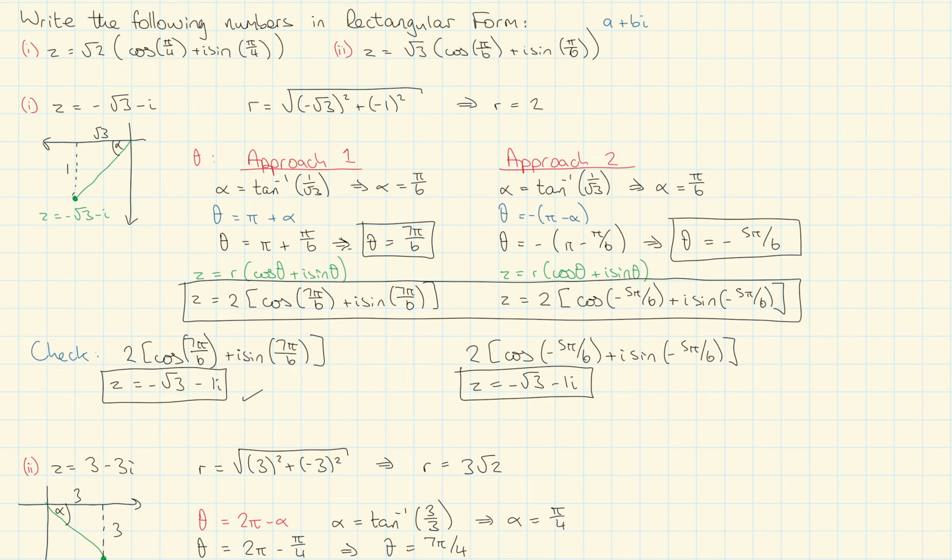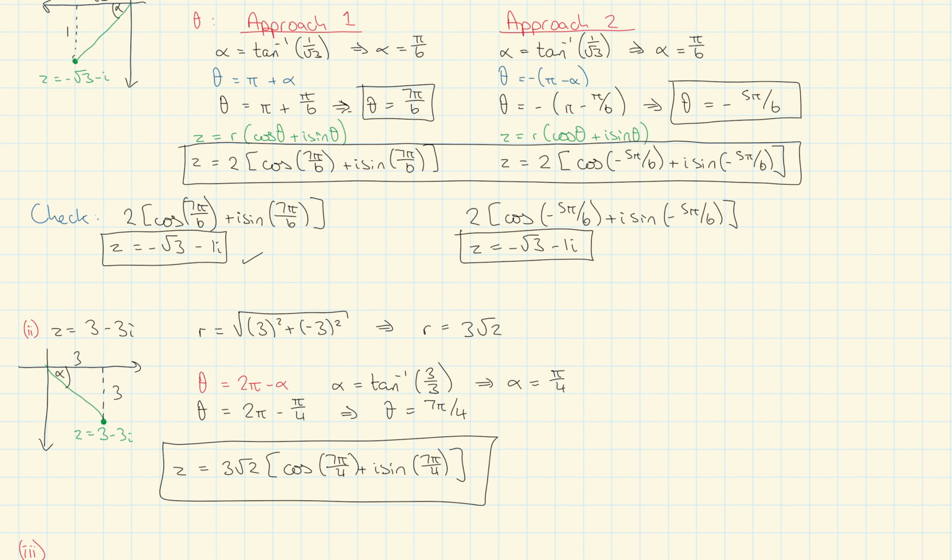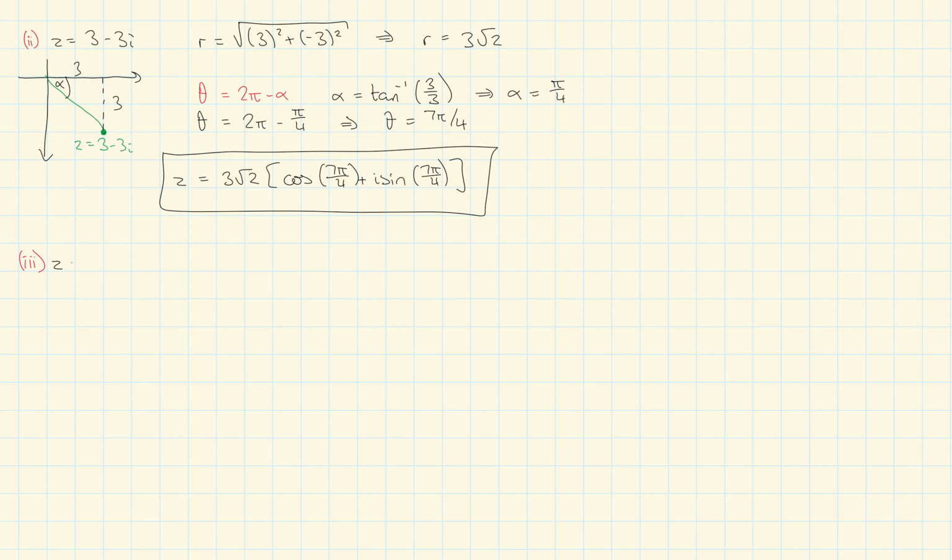Part 3 now. We had minus 4 plus 4i. So to find our modulus, into your calculator, and we get 4 root 2. Quick sketch now to get our argument.